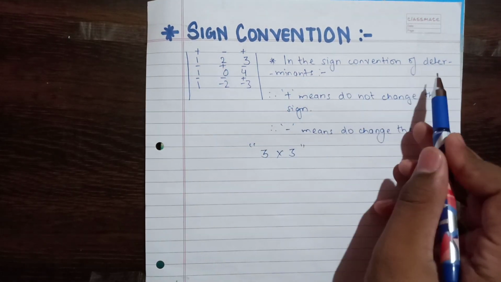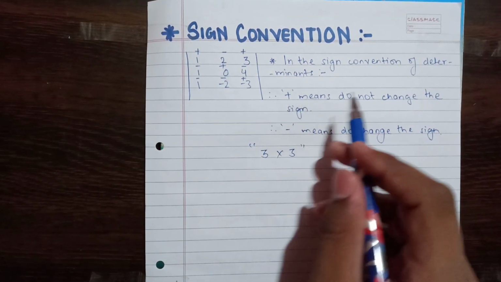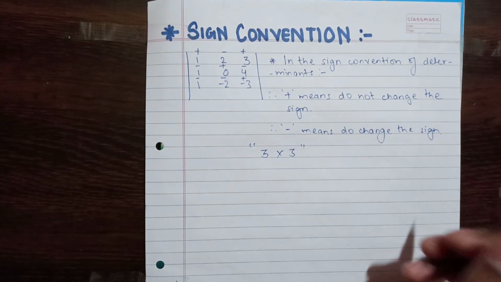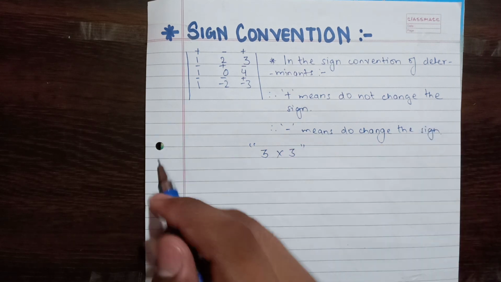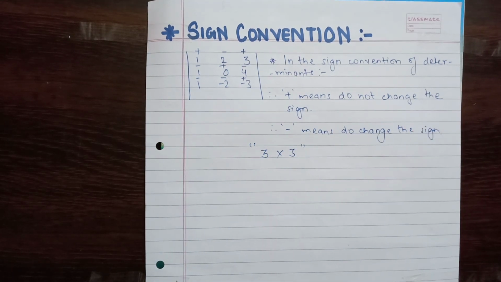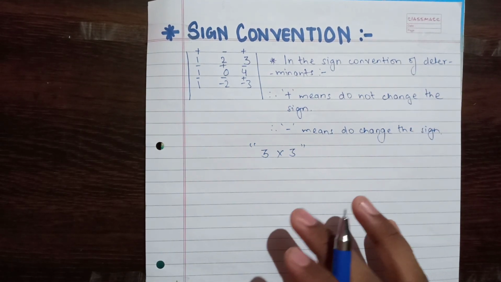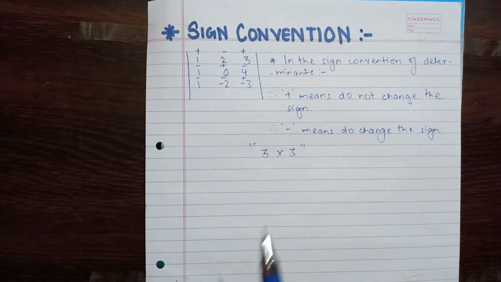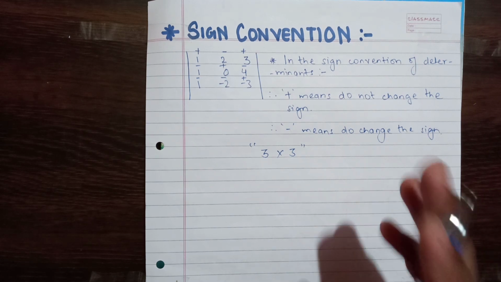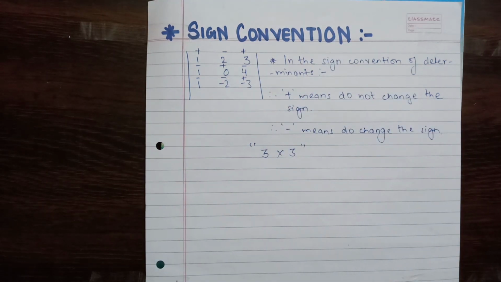In the sign convention of determinants, plus means do not change the sign and minus means do change the sign. For example, in the last example we saw that there was minus 2 and minus 2, minus 1, 4, 1 and minus 3. Wait, I'll show you the example.